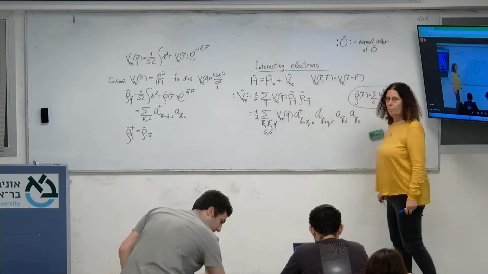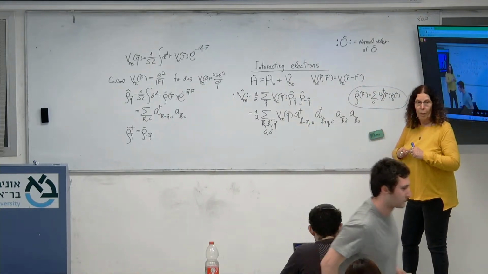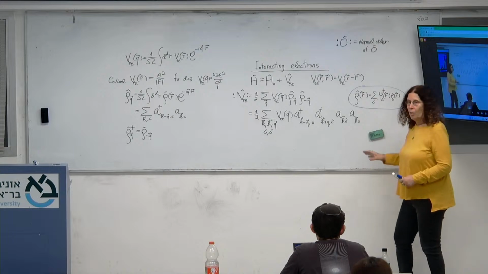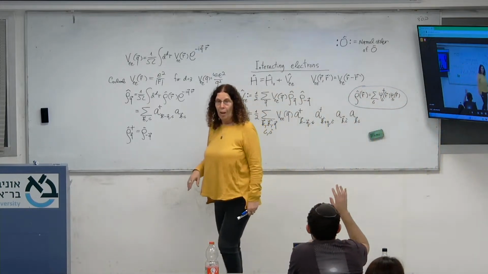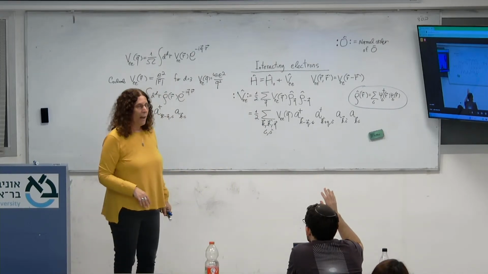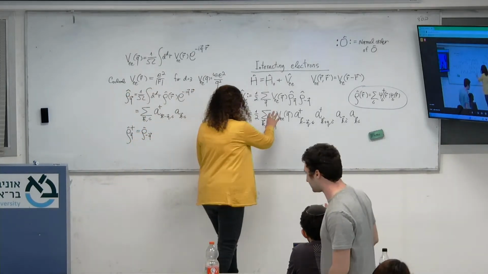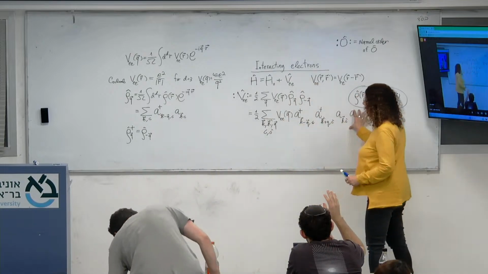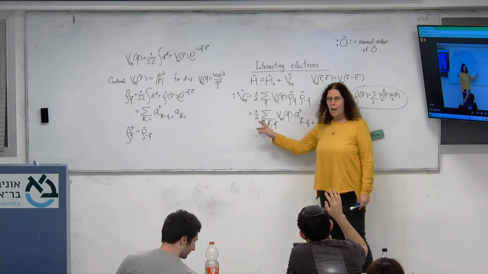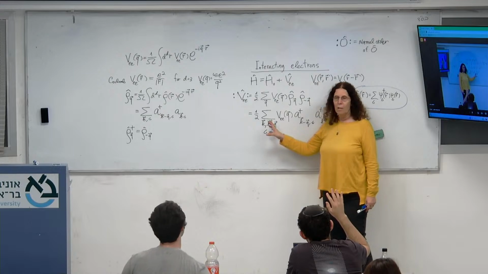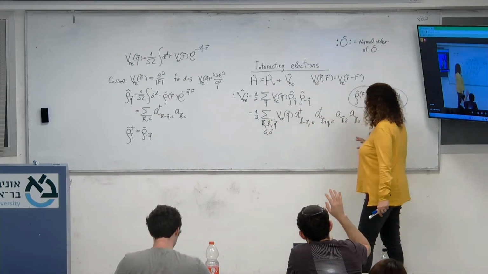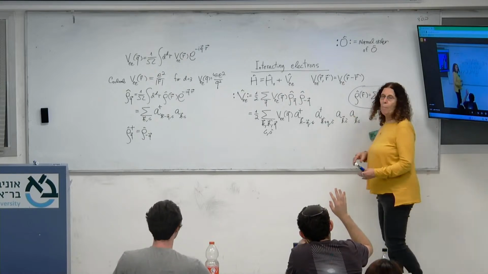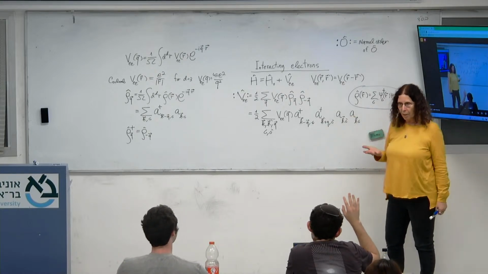This is actually very interesting because I now want to convert to a graphic language and draw a diagram that describes each term in the sum. So here we have a sum over many indices, and inside the sum you have some process, some scattering process.